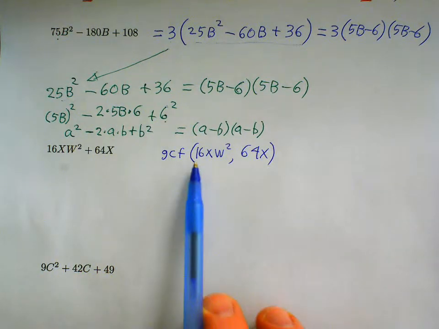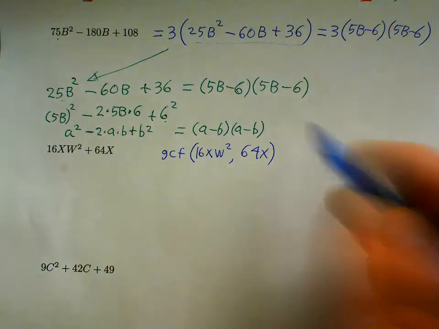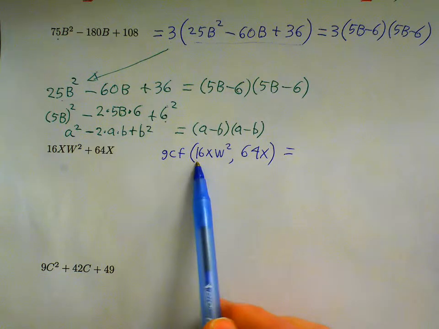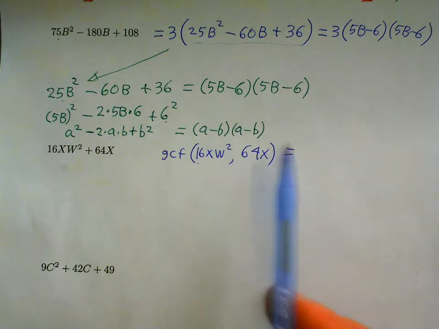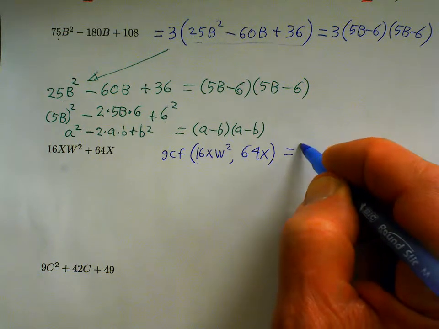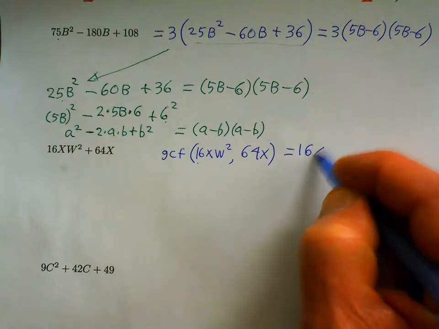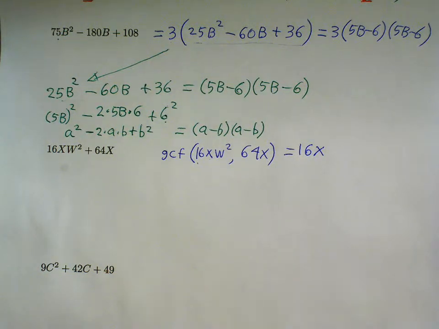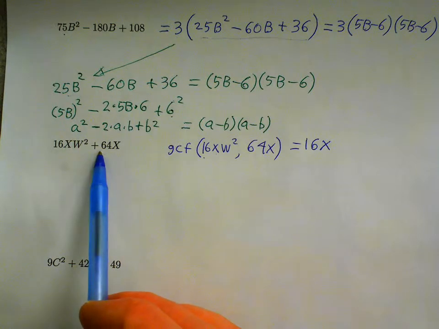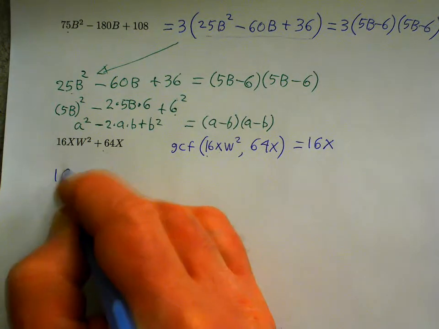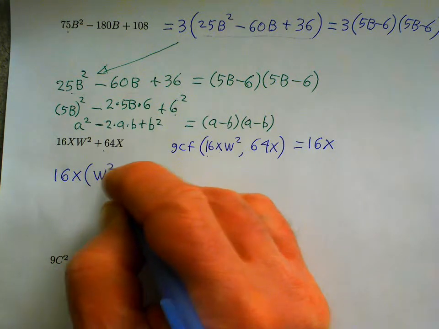Well, first look at the numerical factors, 16 and 64. 16 is a factor of both 16 and 64. 16 times 4 is 64. So they each have a common factor of 16, and they also have a common factor of x. So we can at least factor that much out. When we factor 16x out, we're going to be left with w to the second plus 4.